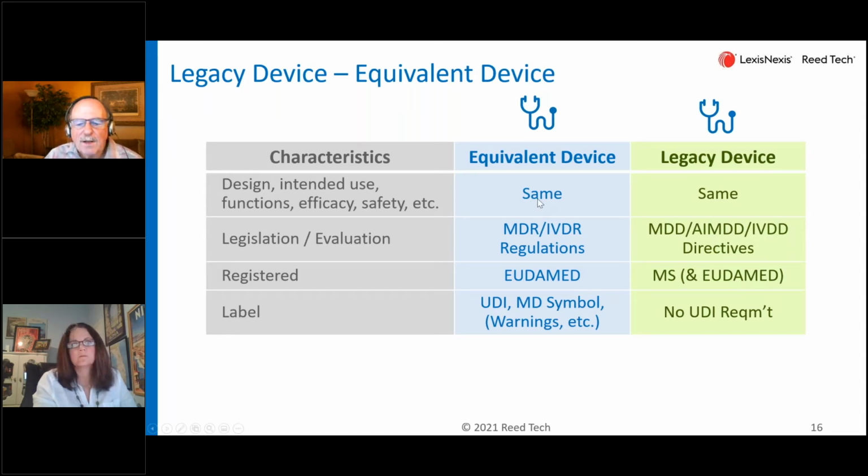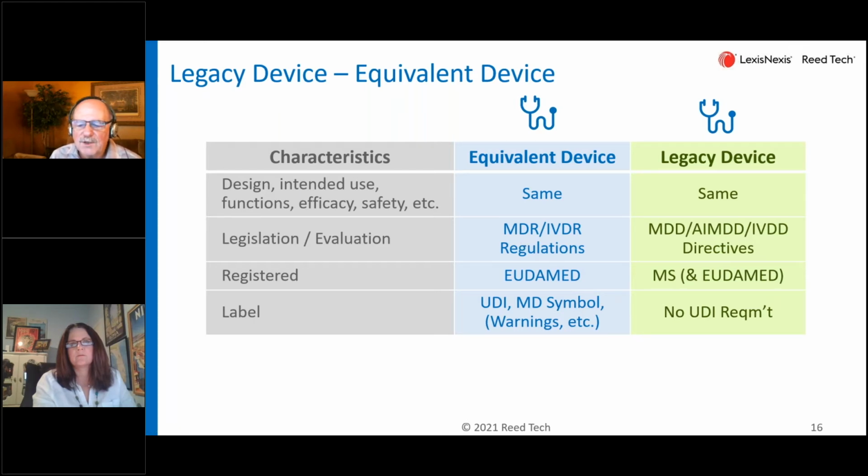the identical same product. But there's a very significant difference in some of these other characteristics. The legislation and evaluation that is done for a legacy device uses the long-standing directives. Your equivalent device is compliant to the MDR or IVDR. So that's a whole different set of standards, and you folks are very much aware of that.